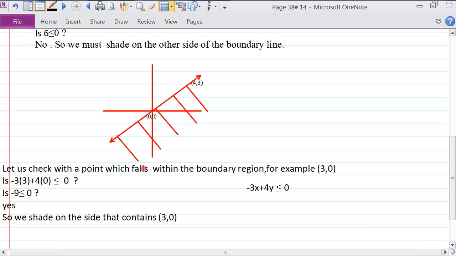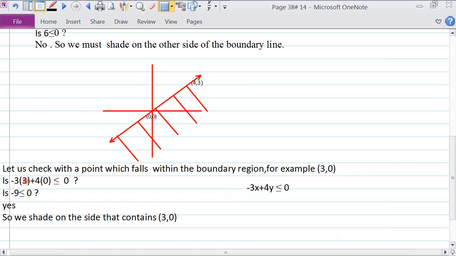So let's check with a point which falls within the boundary region, for example, 3, 0. Well, 3, 0, x is 3, y is 0, is somewhere around here. So it should work. So let's put it back into the original equation. We ask, is minus 3x when x is 3 plus 4y, where y is 0, less than or equal to 0?